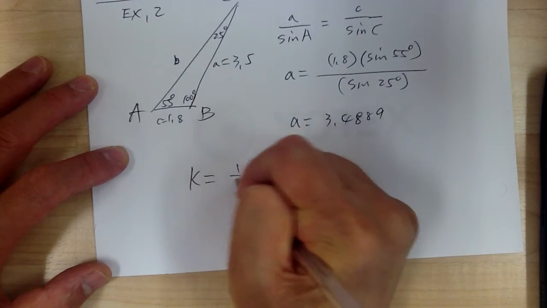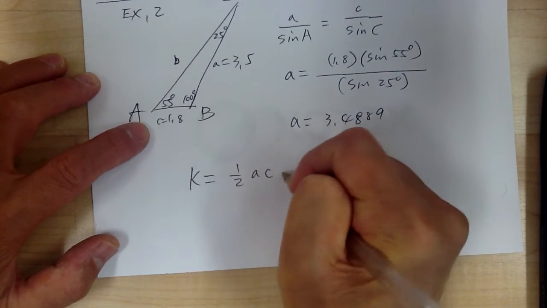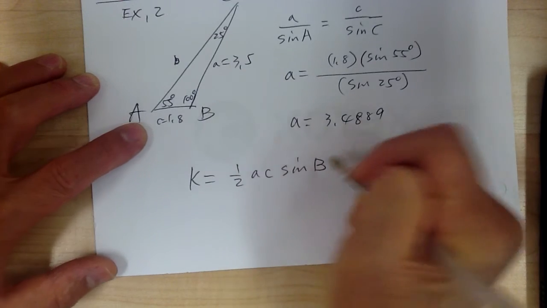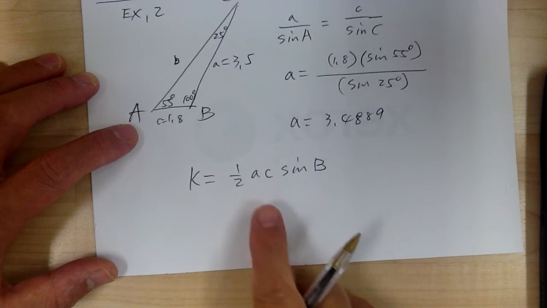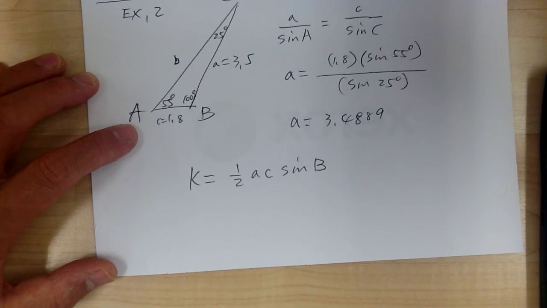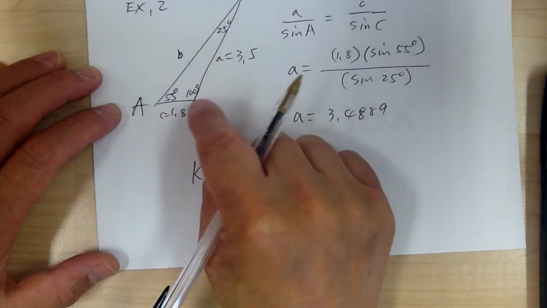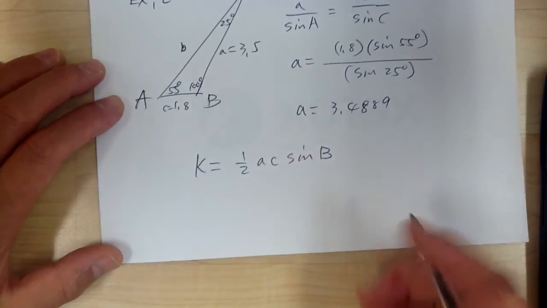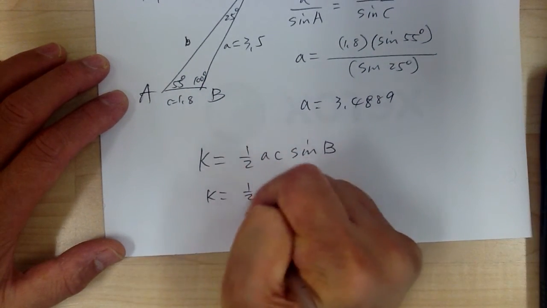So area equals 1/2 ac sine B. Again, it's very easy to memorize. As long as you got all 3 letters different, then you're good. So ac then has to be sine B. So basically you're going to get 2 sides with the angle in between. Then you substitute.